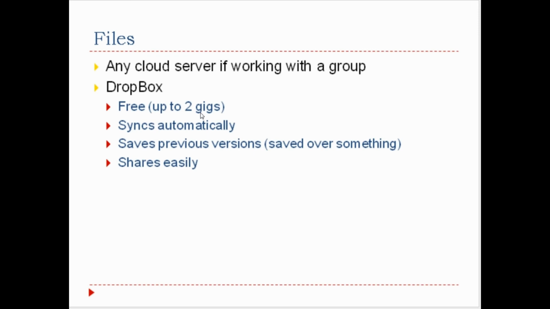So if you accidentally saved over something, you went and just copied over an old code sheet, you can go into the Dropbox, click on it and view it on the web, and go back and view a previous version of it, which can be really helpful. At least I have a bad tendency to type over previous versions of documents and then forget to save them as a different version. And of course, it shares very easily to the Dropbox.